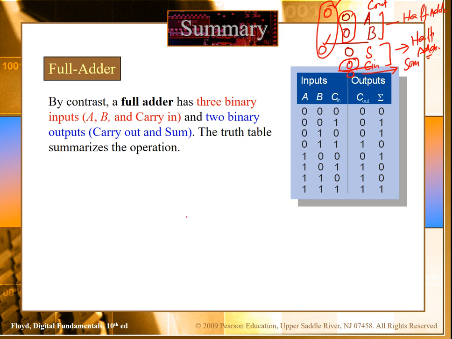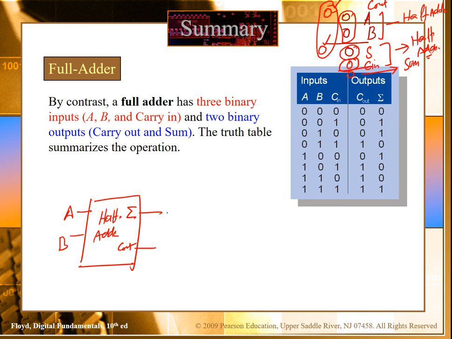Okay. So if I draw the block diagram for this one, so what is actually happening? We get the 2 inputs, A and B. Okay. And this is our half adder. And our output will be a sum and a carry out. Okay, then this sum will go to the next half adder.